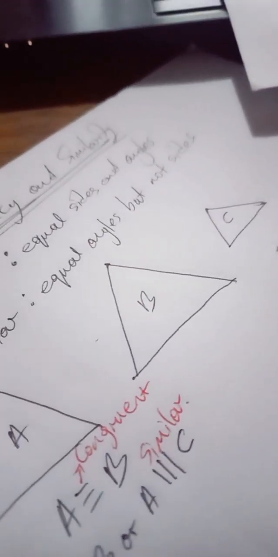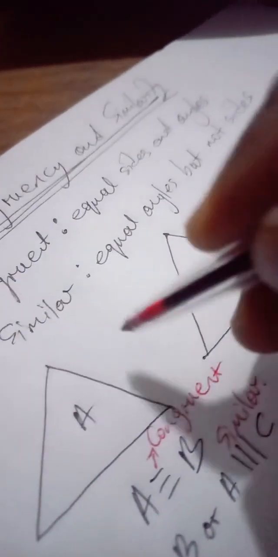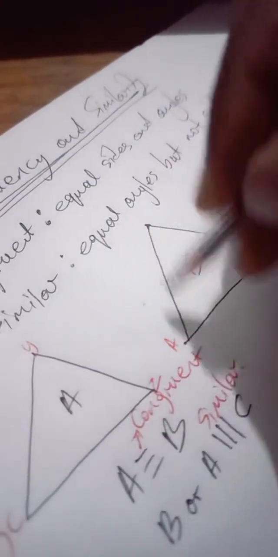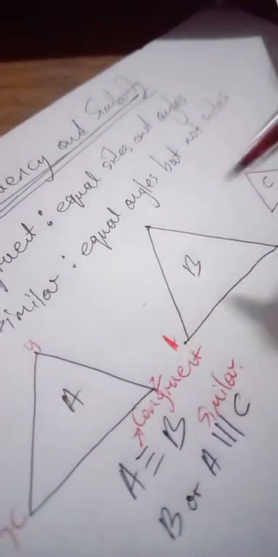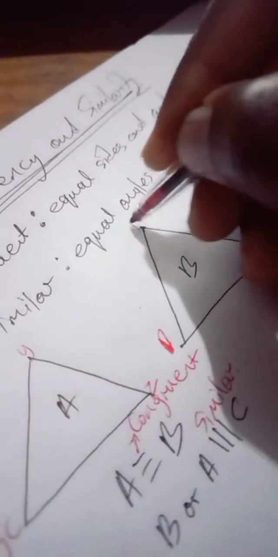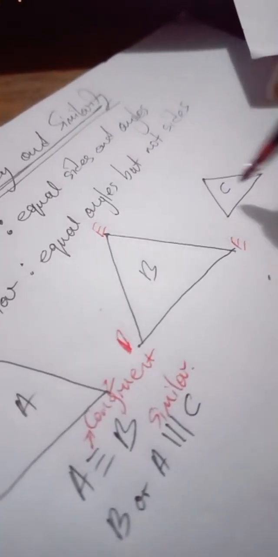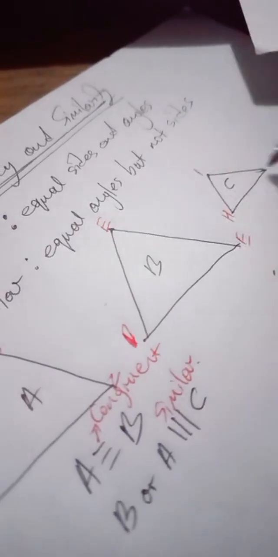We are saying that these two shapes are equal, meaning, let's say if this is x, y, z, a, b, c, d, e, f, right? And then h, i, j.